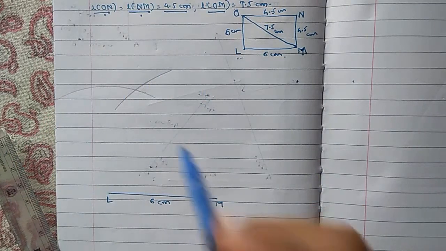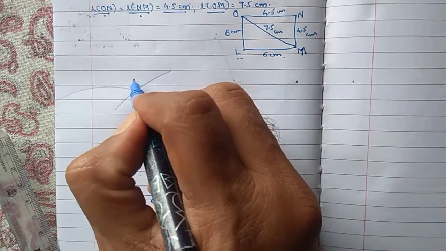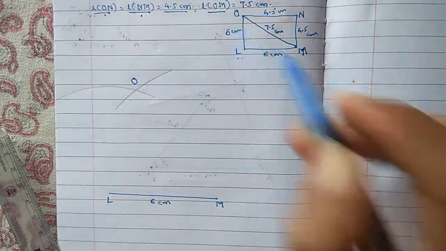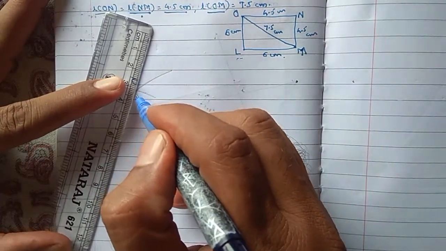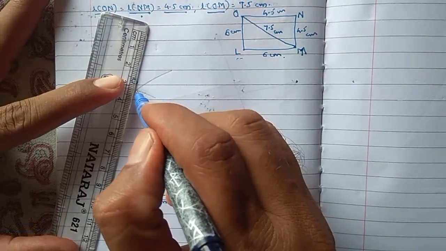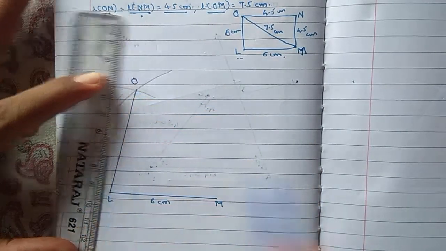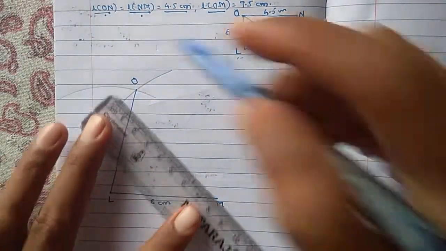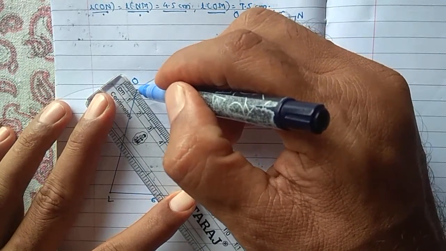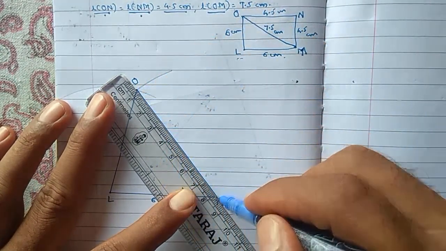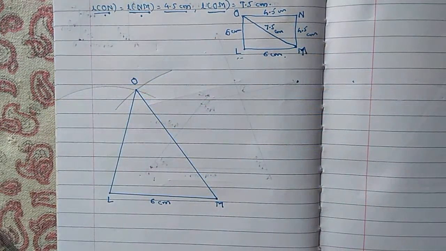The meaning of this intersection is nothing but the point O, means we got the point O. Then join the side LO and then OM. This way our first triangle is over.